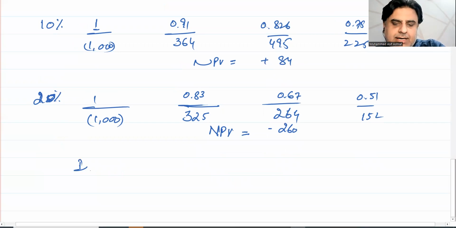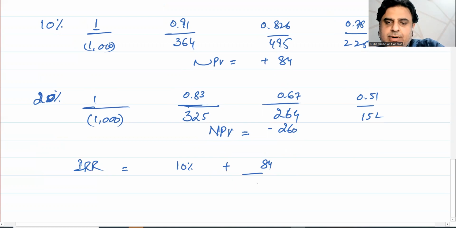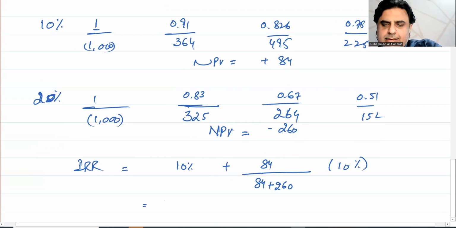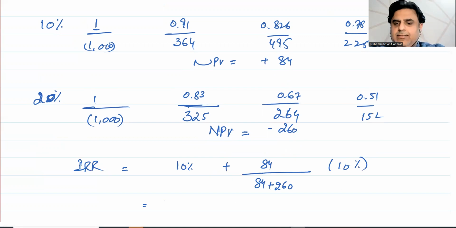So now put it in the IRR formula here. 10% plus, what was the NPV at that point? 84, plus add both the NPVs, into the difference of percentages, 10%. It is 1 by 4 almost.